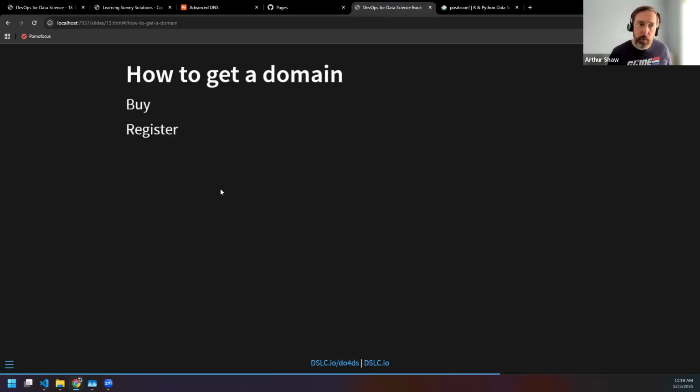AWS has the Route 53 service. So if you're spinning up a bit of infrastructure and you want to have a domain name so that your cloud instance, your compute instance, or your website is reachable with the domain name, you can purchase it through Amazon, and they take care of all the necessary steps for you.